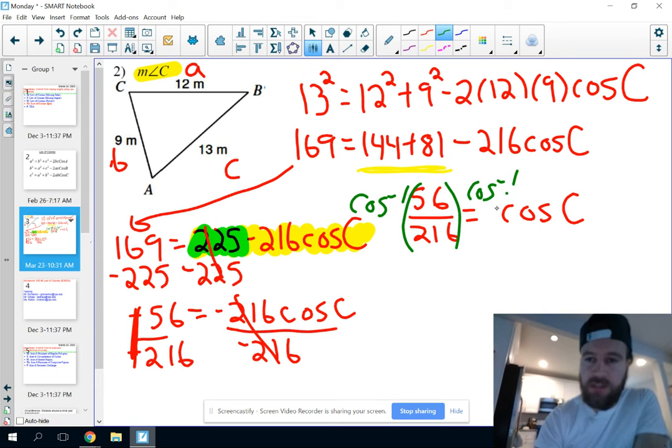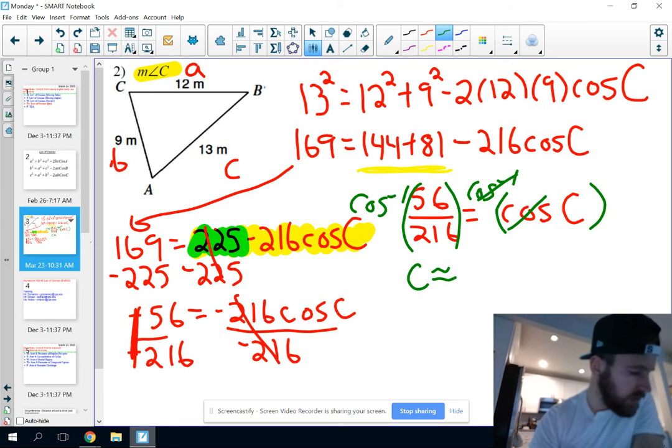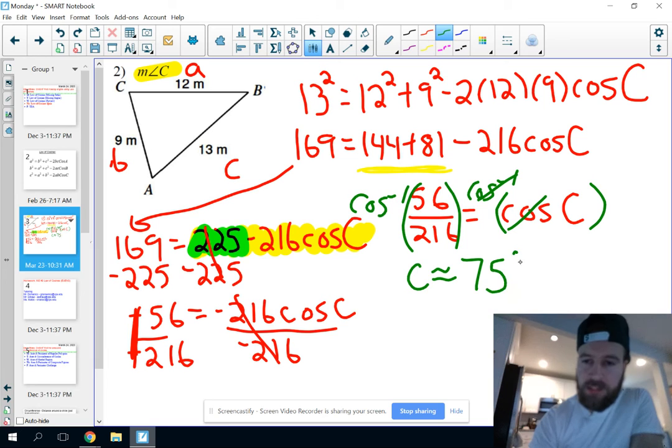So inverse cosine, inverse cosine. The inverse cancels out our regular cosine. We're just left with our answer. Once you plug it into the calculator, inverse cos of 56 over 216, and round to the nearest tenth, C comes out to 75 degrees.